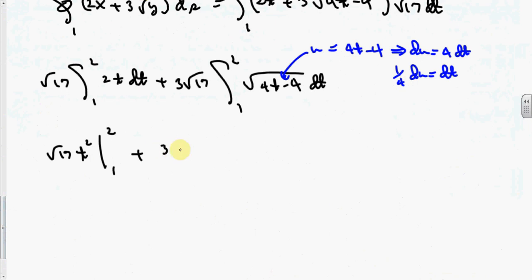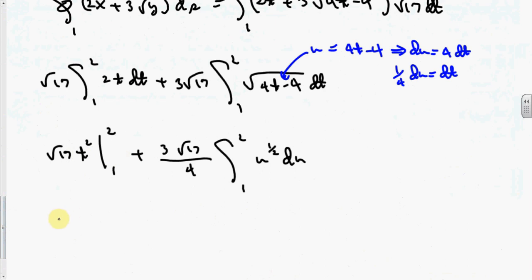So we got that 3 square root of 17, and then this is going to be over the 4, at 1/4 there. It's the integral from 1 to 2 of u to the 1/2 du. I'm going to go ahead and evaluate the first part up here as I work.